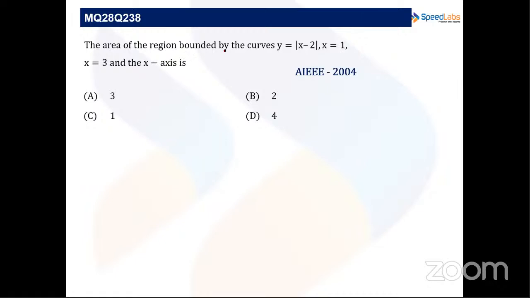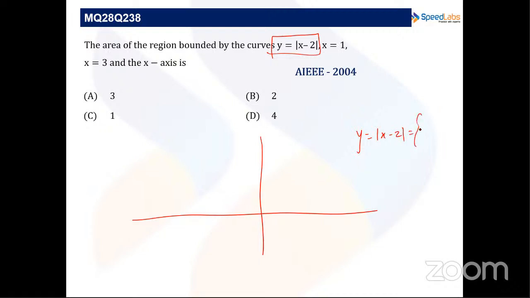The area of the region bounded by the curve y equals to mod x minus 2, x equals to 1, x equals to 3, and x-axis. So let's plot the area. y equals to mod x minus 2. Again, that will be equals to x minus 2 for x greater than or equal to 2 and minus x plus 2 for x less than 2.